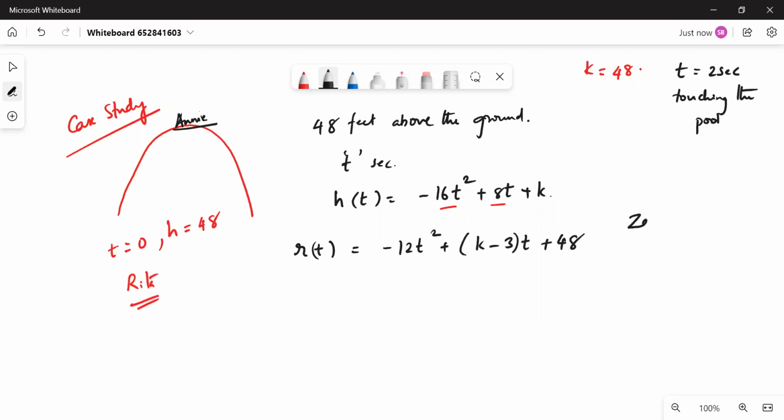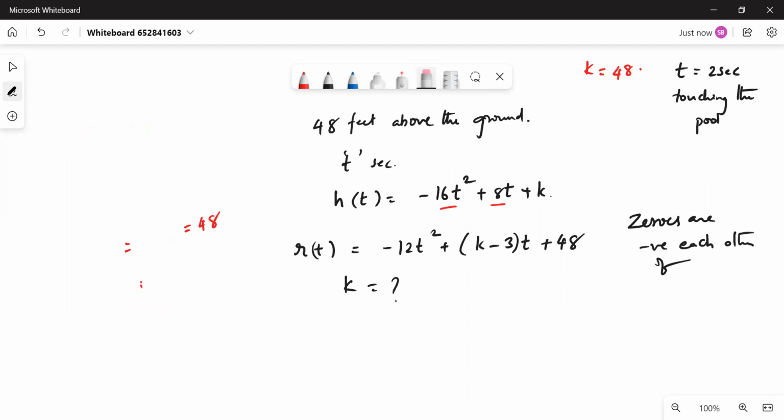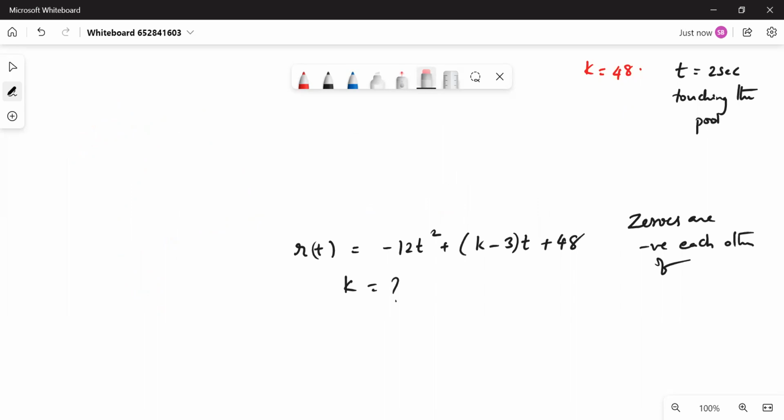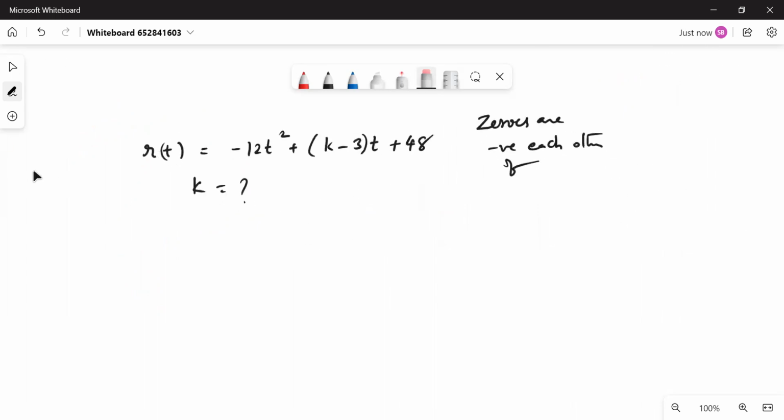So zeros are negative of each other. That is what they have given, sir. And they are asking us to find the value of k. Zeros are negative of each other means what will happen, sir?